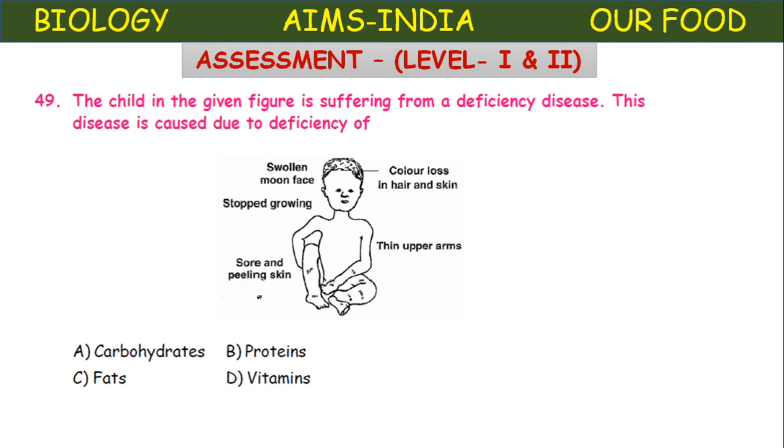Skin also becomes dry and loses its natural shine. Is it deficiency of carbohydrates, proteins, fats, or vitamins? So this disease is called kwashiorkor. It is due to the deficiency of proteins because of stopped growth. When the child is weaned off by the mother at an early age and the food is replaced with normal food, it leads to this disease.